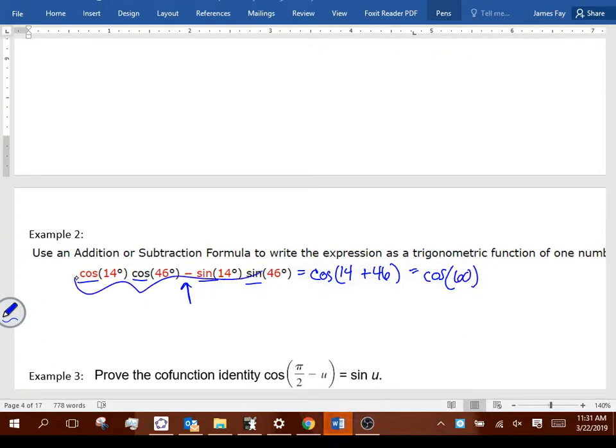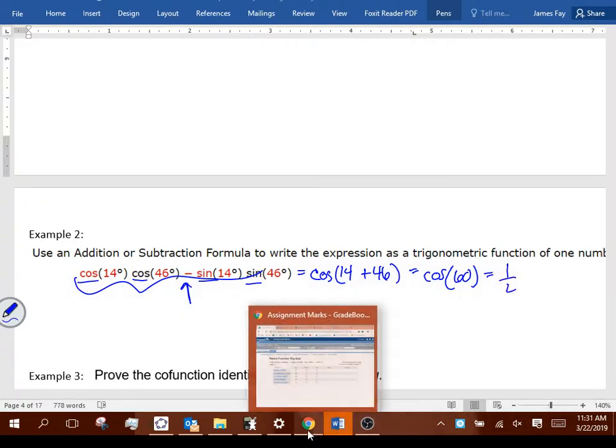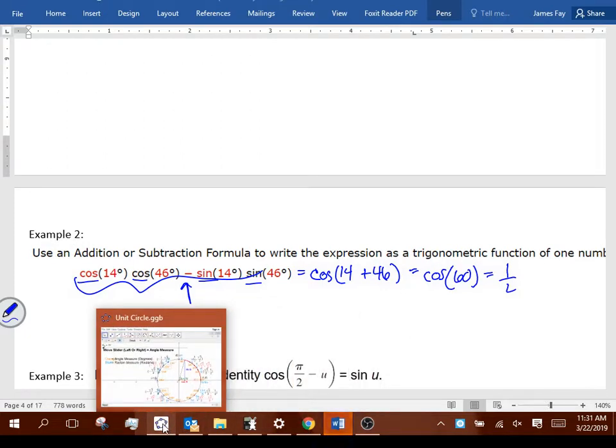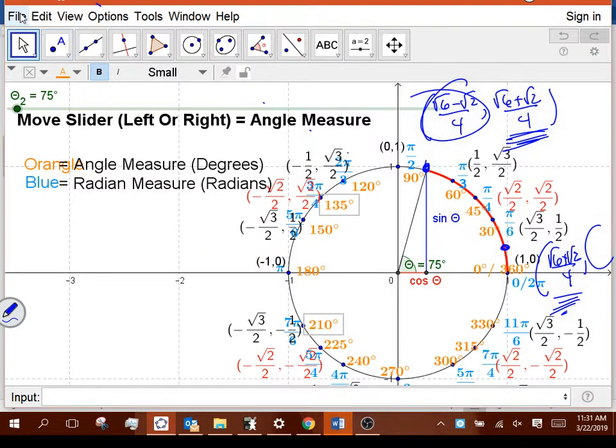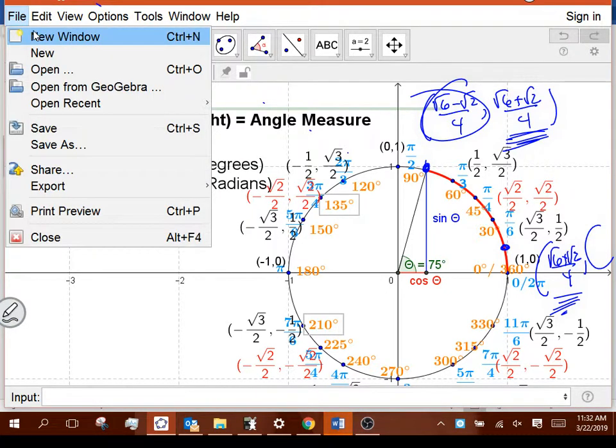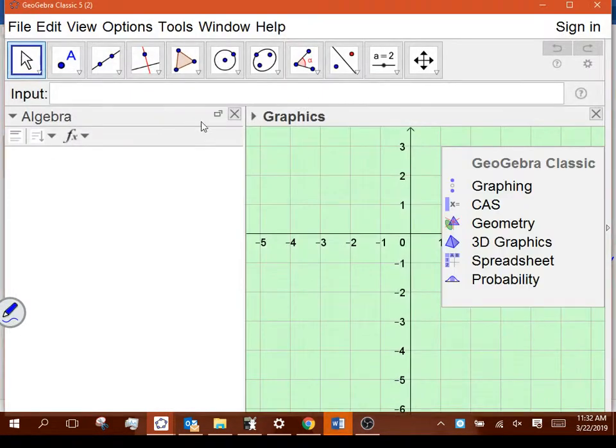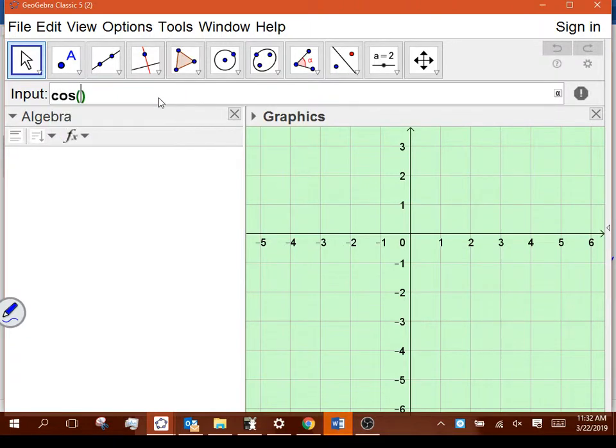So this is actually asking what is the cosine of 60? Well, we know the cosine of 60 is what? 1/2, right? If you type it in on GeoGebra or Desmos, whatever you want to use, or your TI-83/84, if I go cosine of 14, cosine of 46, minus sine of 14, sine of 46, it gives me back 0.5, right?